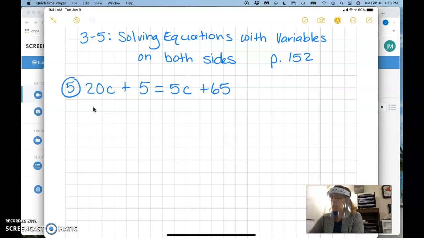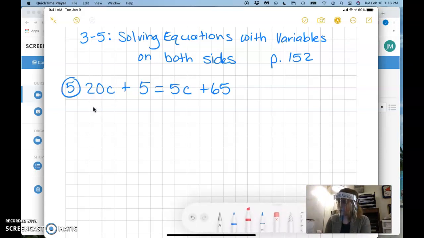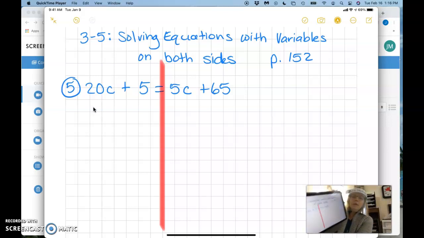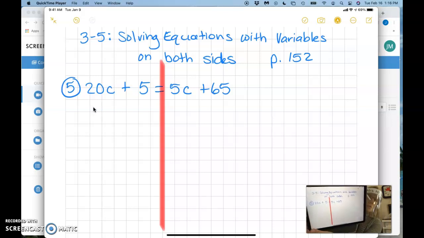Okay, so what we're going to do when we have these problems, the first thing that I want you guys to start getting in the habit of is drawing a big line right down where the equal sign is. So you have two sides of the equation.